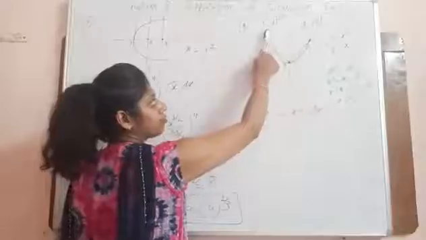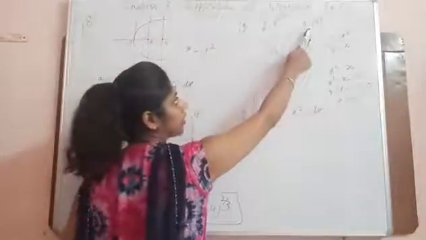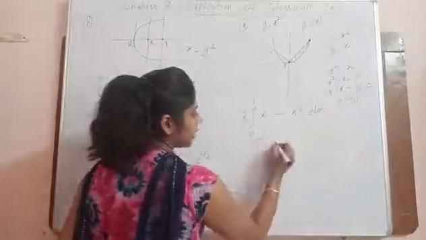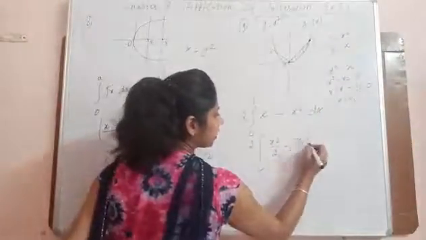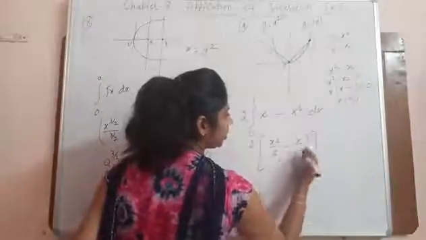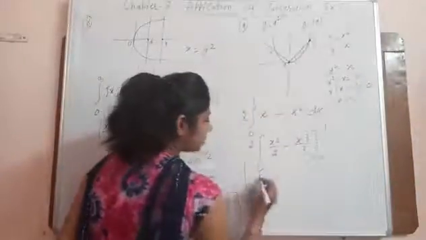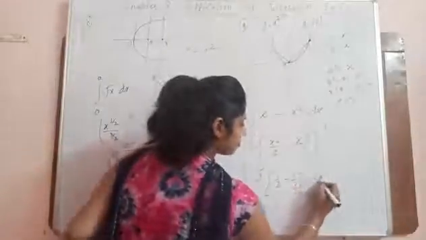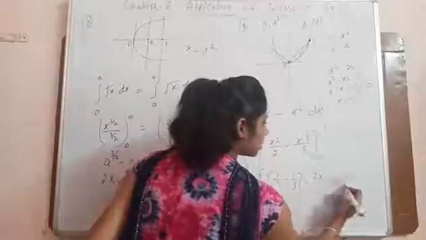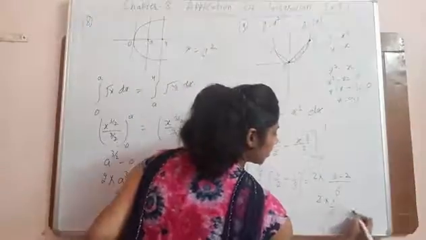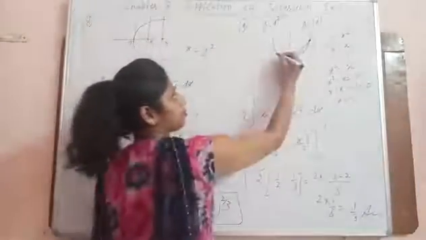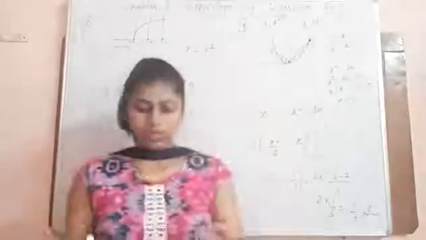For the curve, take the value of y here; for the line, take the value of y from this line. Now take the integration, x square by 2 minus x cube by 3. Now put the limits. 1 by 2 minus 1 by 3, 3 minus 2, 1 by 6. So we get 1 by 3 square units. So this is the area of these two parts. These are equal areas.